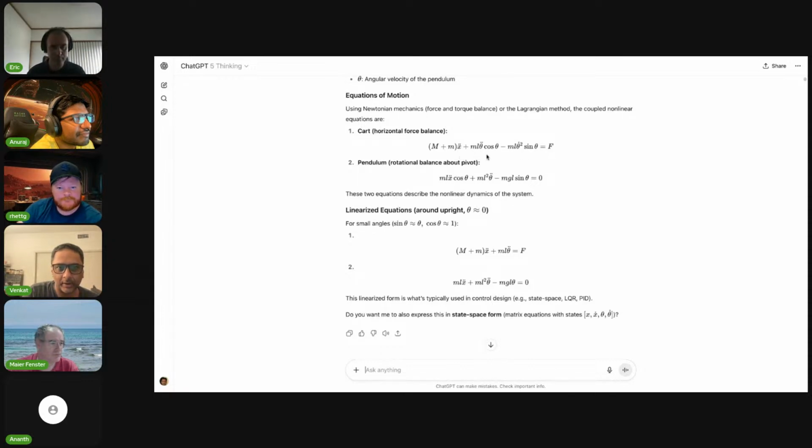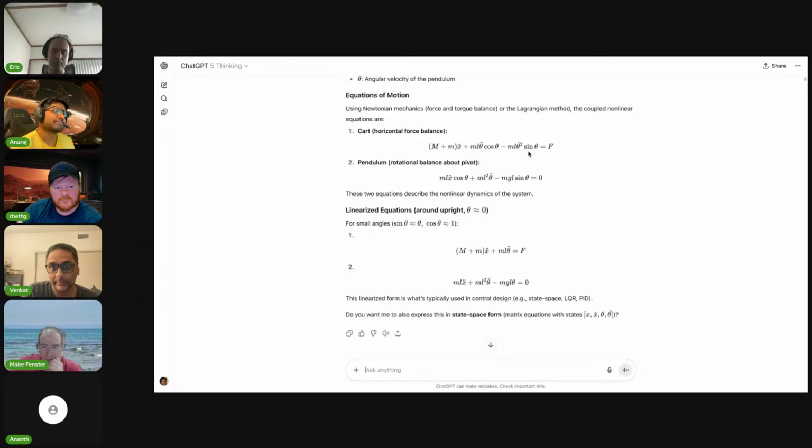As you can see, it's nonlinear. X double dot, that's acceleration, and theta double dot are linear terms. But cos theta is a nonlinear term. Theta dot squared, so velocity squared, is nonlinear, and sine theta is also nonlinear. For the pendulum, same thing. X double dot is linear, but cos theta is nonlinear.